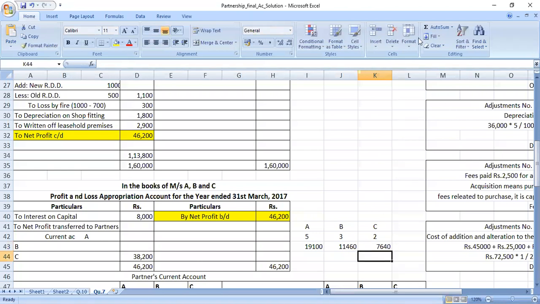It is 7,640. Yes, Omkar got the same answers. 19,100, 11,460, and 7,640. So here we have to show these particular values.